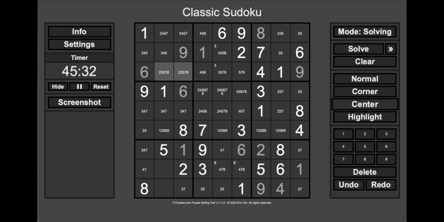We start with 2, 3, 5, 7, 8, of which that's not 5. And that's not 2 or 8, or 5.